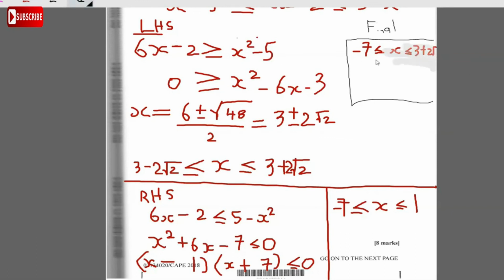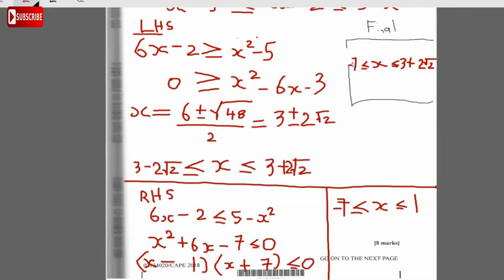I want to write it so it's a little more clear. X is between 3 plus 2 root 2 and it is greater than or equal to right here, which is minus 7.